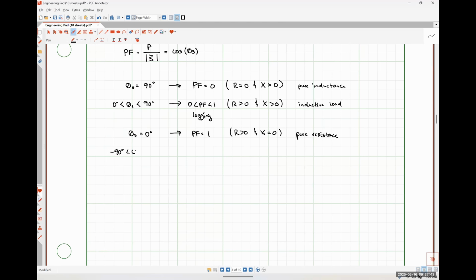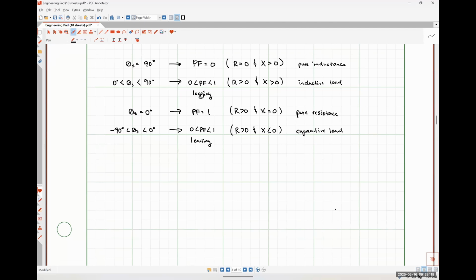If theta S lies between -90 and 0 degrees, we once again have a case where the power factor is going to be between 0 and 1, but now it's going to be leading. So our current is going to wind up leading our voltage in these systems. This occurs when R is greater than 0 and X is less than 0, meaning that we have a capacitive load, so some combination of resistance and capacitance.